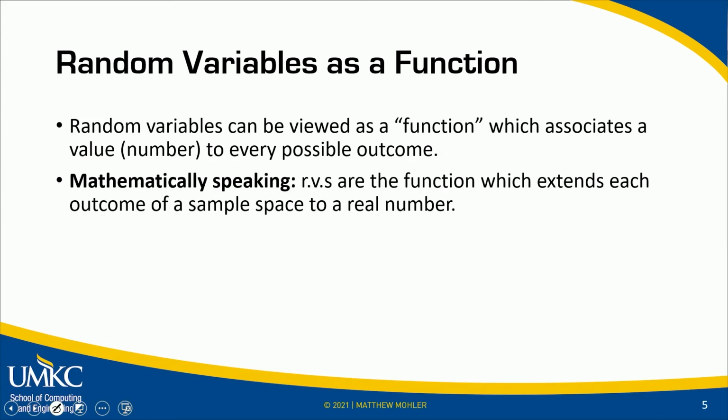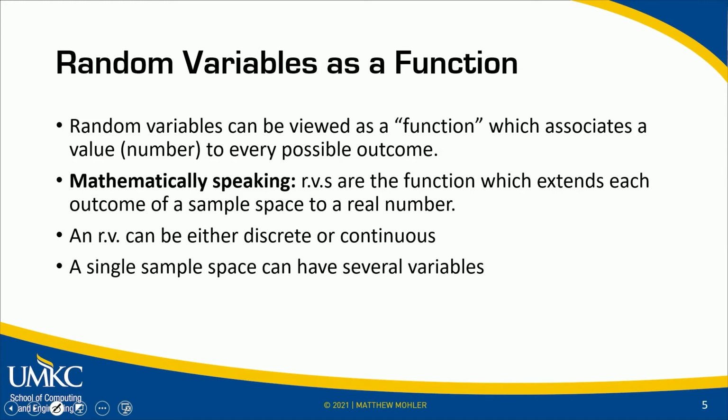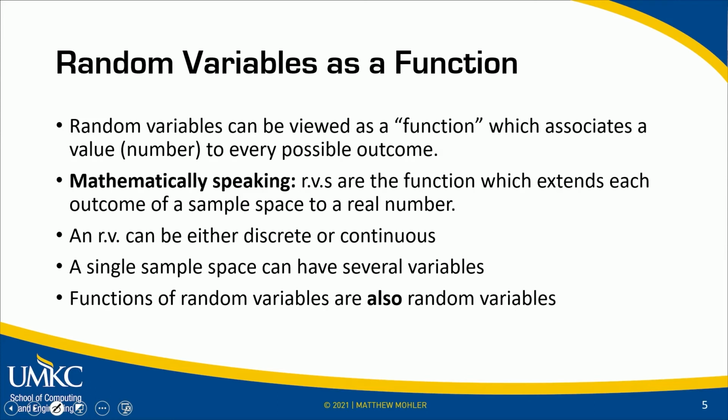Now, mathematically speaking, random variables, again, RVs, are the function which extends each outcome of a sample space to a real number or a real value. And a random variable can be either discrete or continuous, and a single sample space can have several or really infinite variables. There's no limit to the number of variables that you can assign to a sample space. But it's most important to recognize that, kind of what we saw with our Z, that average previously, functions of random variables are also random variables.